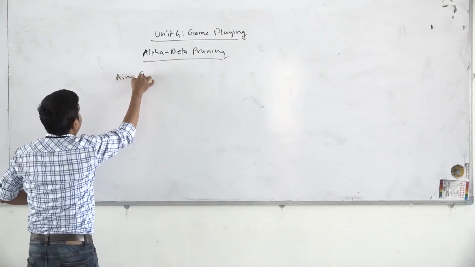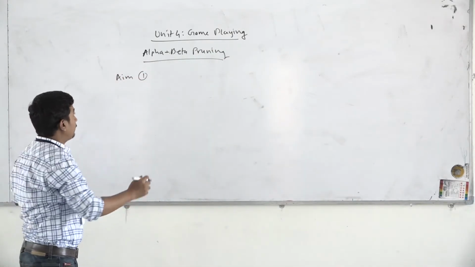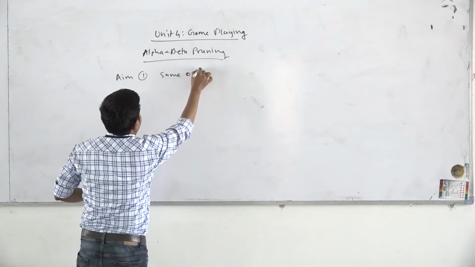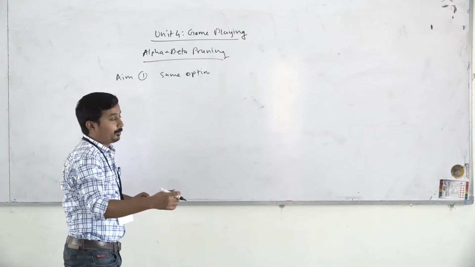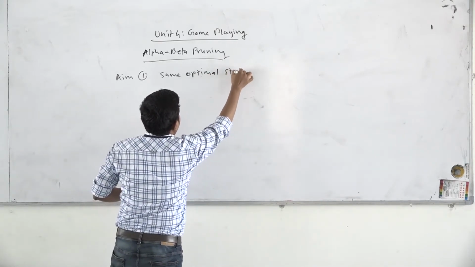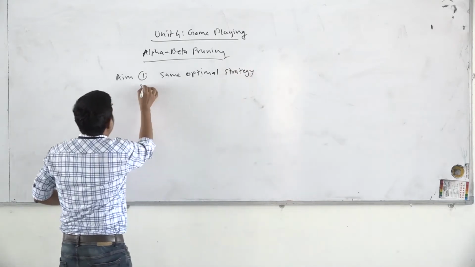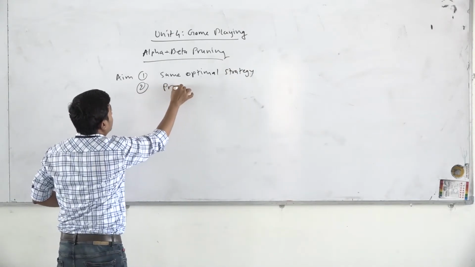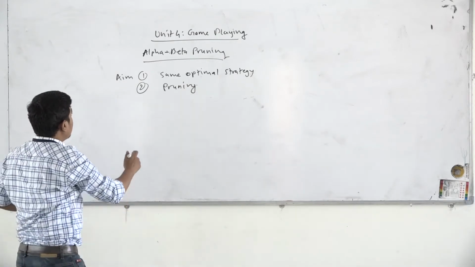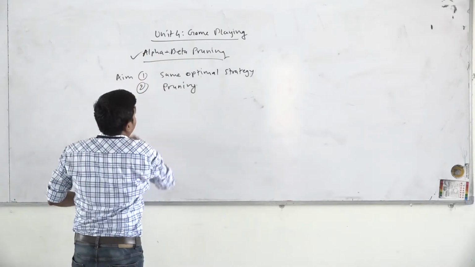First, we want the same optimal strategy that we would have obtained from the Minimax algorithm, and we want to achieve pruning. These are the two aims of using alpha beta pruning, right?